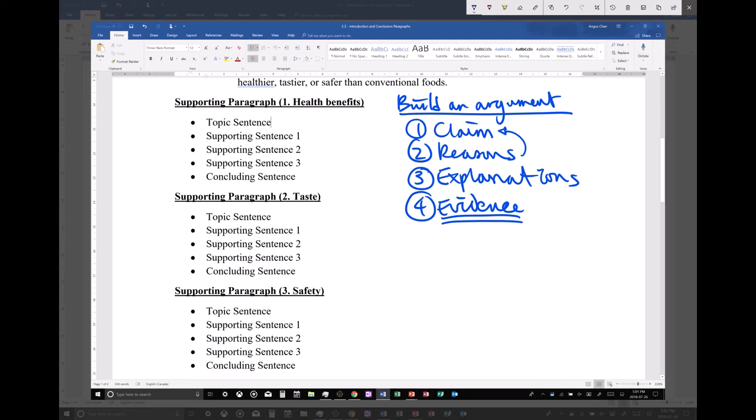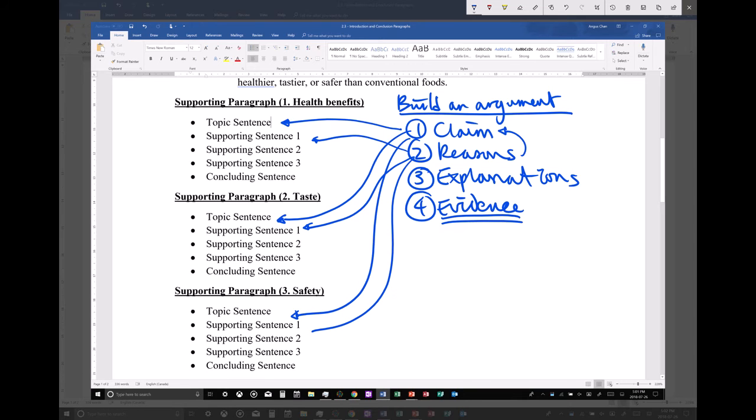So we're going to make a claim in each topic sentence in your body paragraphs, and then we're going to have at least 1 reason for each claim, mini claim or minor claim, going to have an explanation for each reason, okay, and then a piece of evidence, to support my claim and explanation.